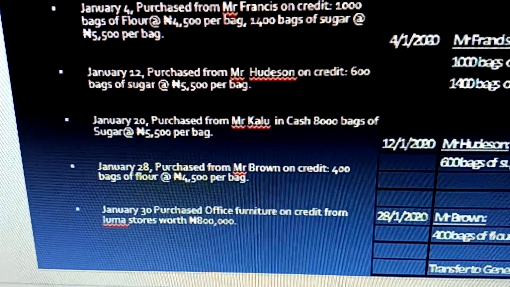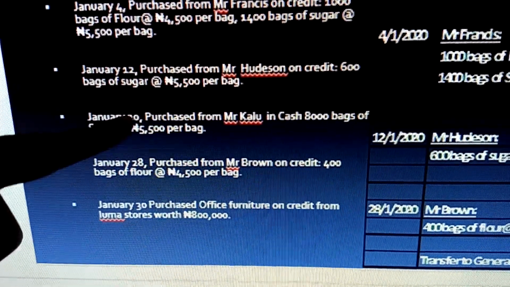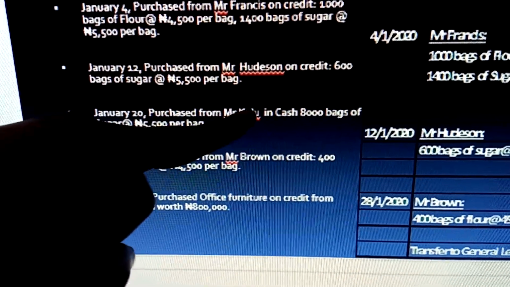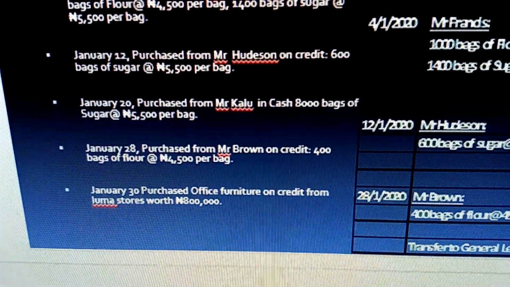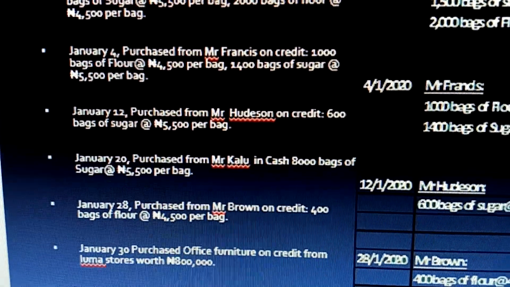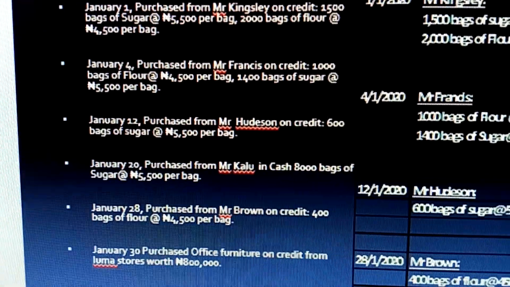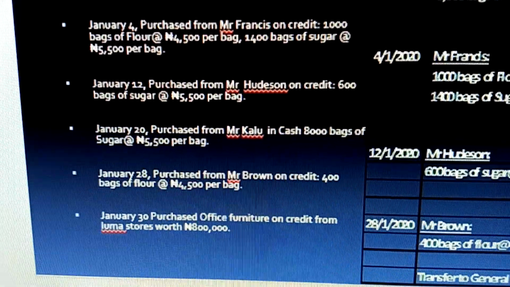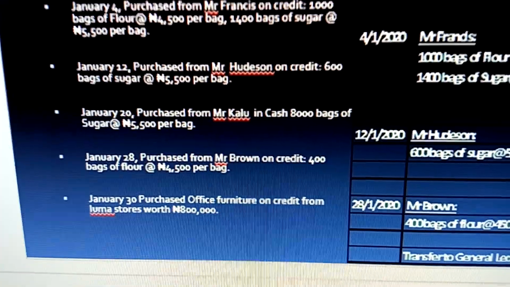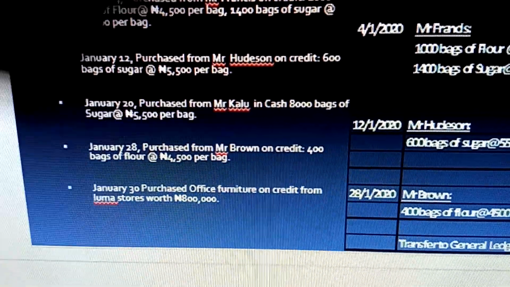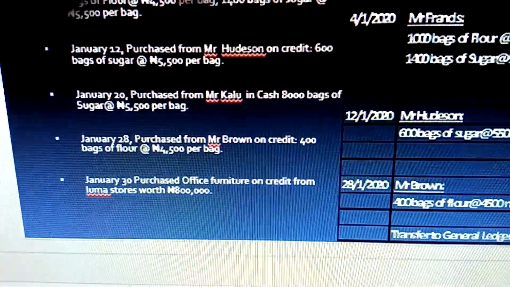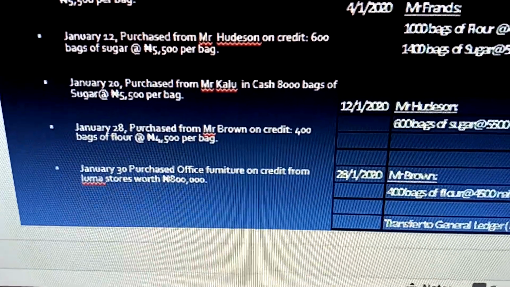But this transaction says that Mr. Yauvi purchased from Mr. Kalu in cash. Because cash is involved, it is meant for another book and not this book. So under examination condition, this will not be recorded in the Purchases Day Book.